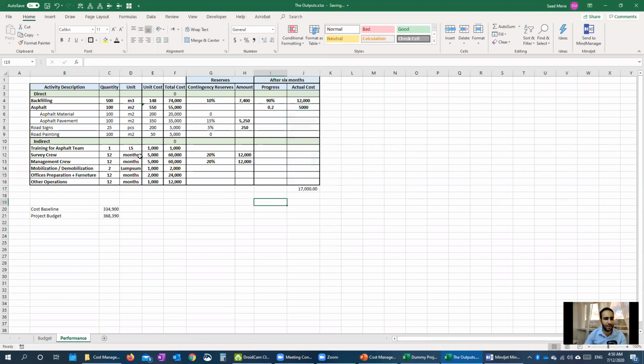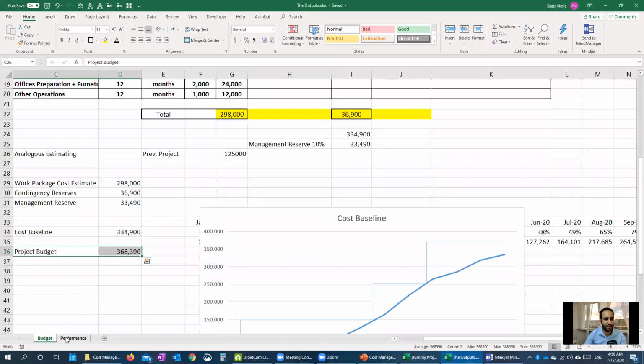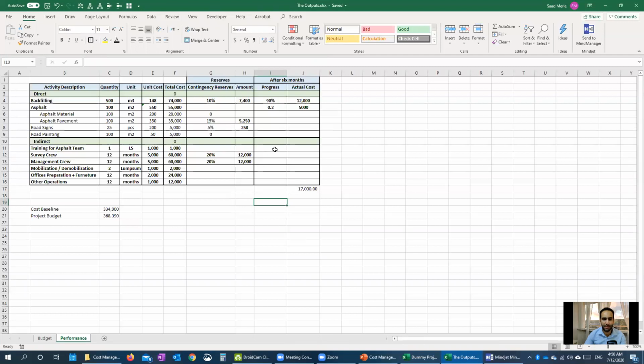And let's assume that there is a cost that was already expended and was not given in the inputs. This cost can be training for the asphalt already done, so it is 1,000. Sorry, this is the progress. And let's say 1,000, and it is already done, which means 100%.